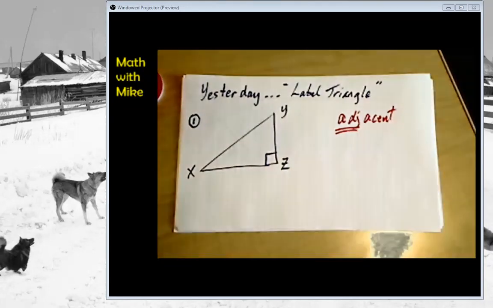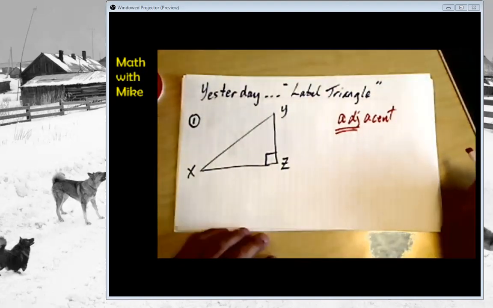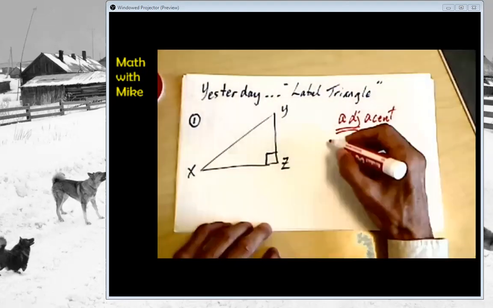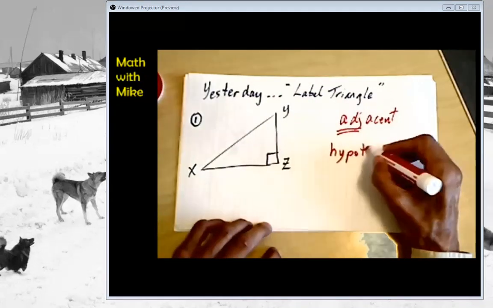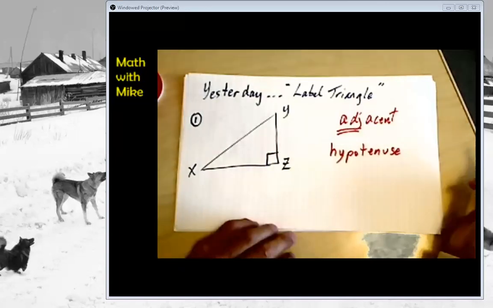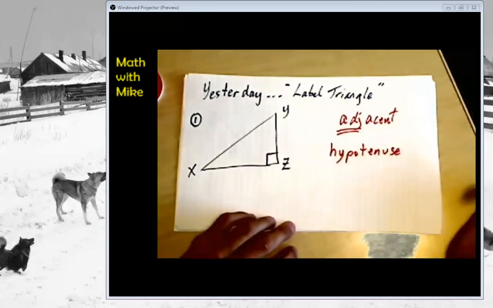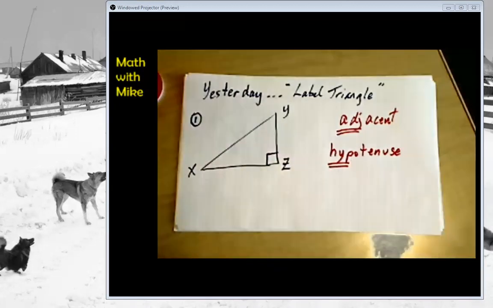What's another side? Another word. Oh, good. Yeah, hypotenuse. That's the official word from Mr. Pythagoras there. HYP. And what was the last side?